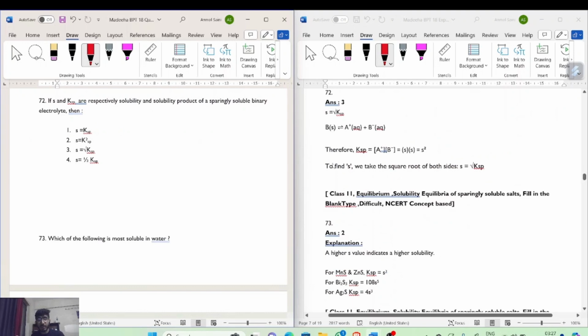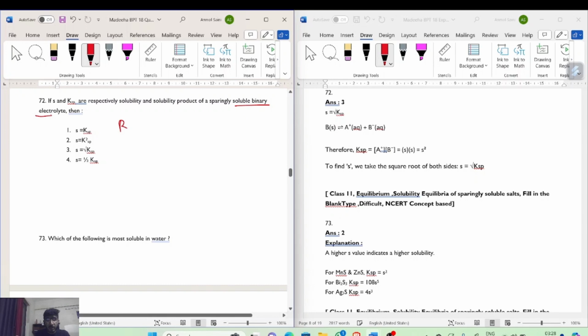Now question number 72. If S and Ksp are respectively the solubility and solubility product of a sparingly soluble binary electrolyte, then we have to tell which of the following options is correct. We are given a binary electrolyte. If we take the binary electrolyte as AB, it will decompose into two ions because binary is written there.